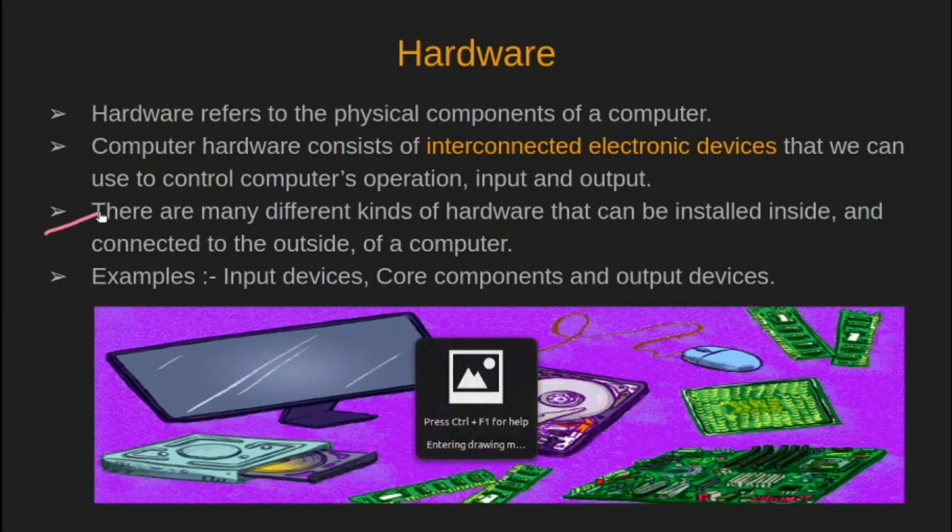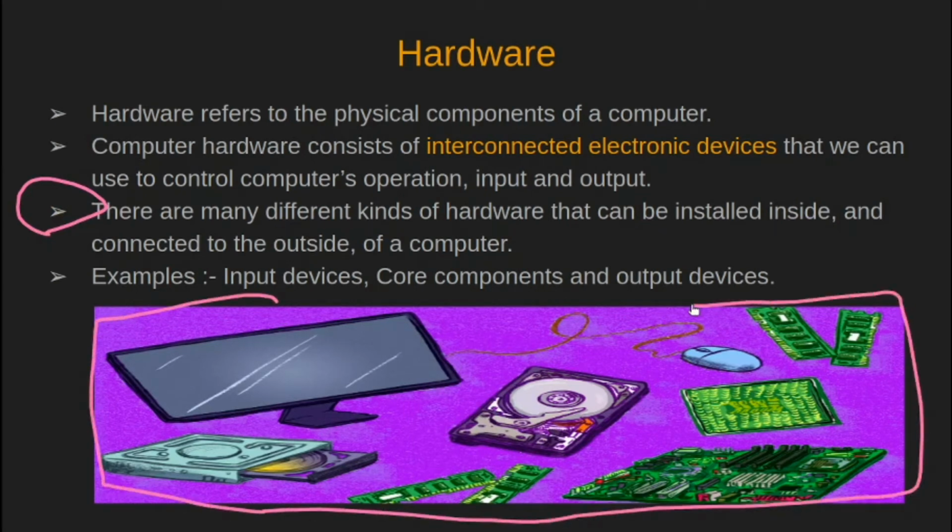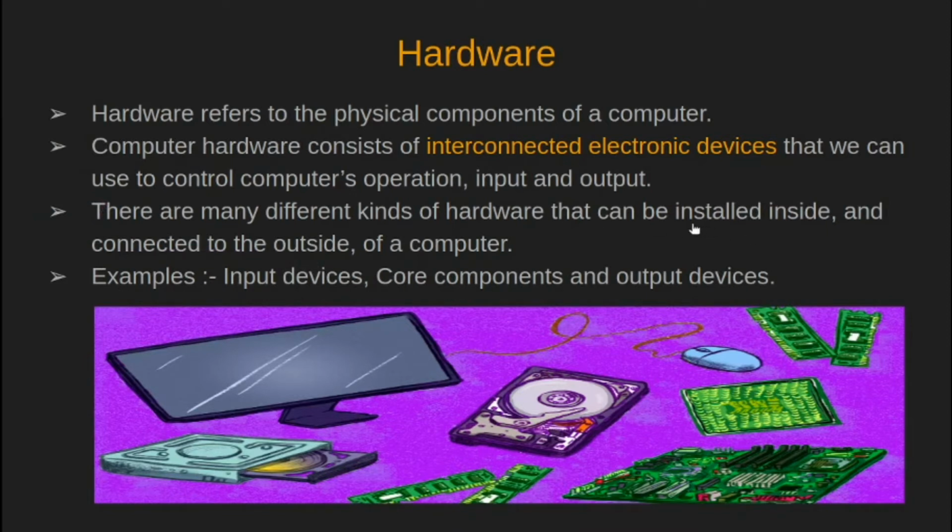Now, the third point says all these different kinds of hardware, as you can see in this image, can be installed inside and connected to the outside of a computer. Now, the question that comes is, how do we decide what is inside and what is outside? Well, the answer to that is the motherboard.